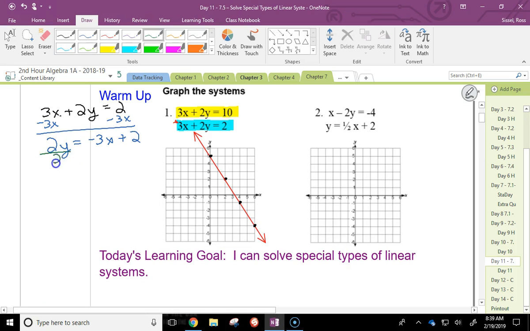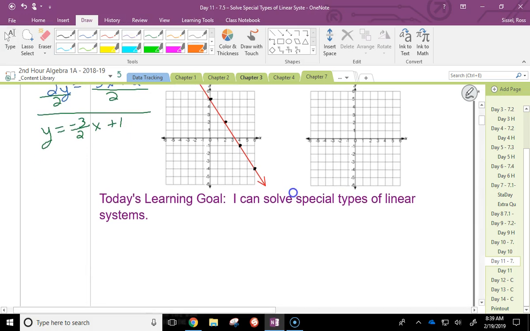Divide by 2. We get y equals negative 3 over 2x plus 1. Now in this one, my slope is still negative 3 over 2. And my y-intercept is 1.